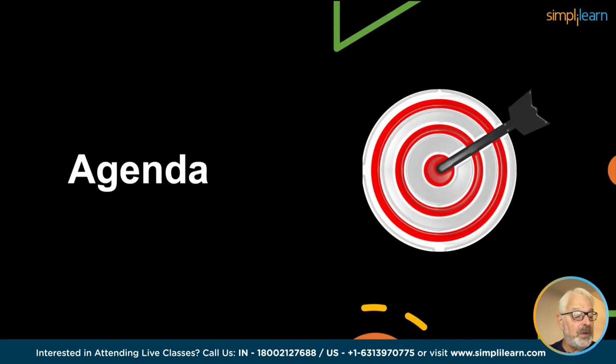So here is what we're going to be talking about. But before I go into that, let me give you a warning. Google Analytics 4 is Google's next generation measurement solution, and it is replacing Universal Analytics.